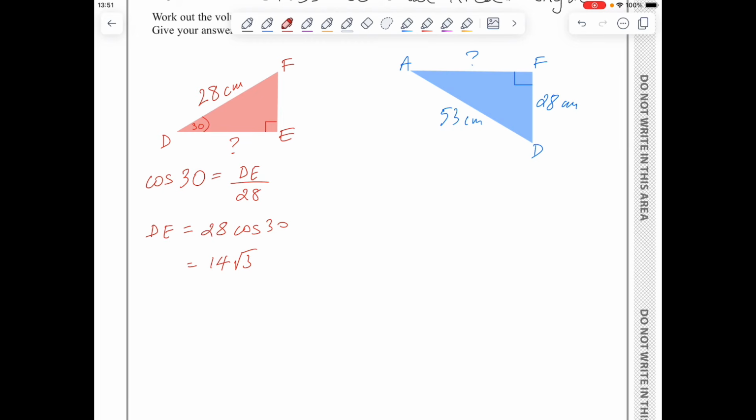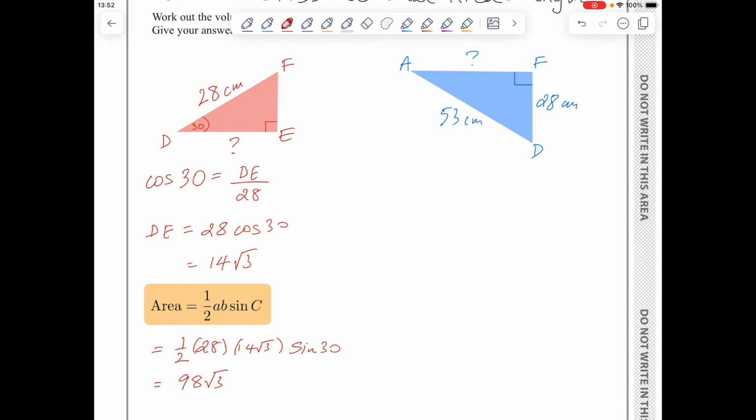So the area of the red triangle can be found using the following formula. Let's substitute the values in: 1 over 2, 28 times 14 root 3 times sine of 30. And this comes out to be 98 square root of 3.